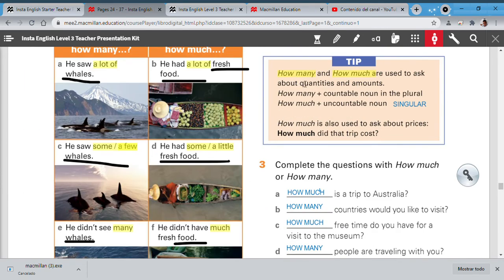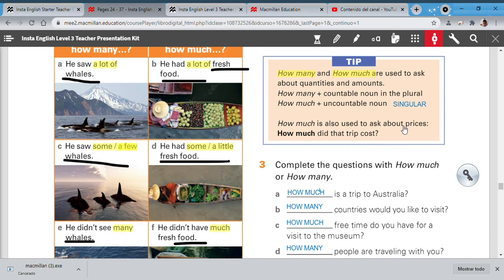How many and how much are used to ask about quantities and amounts. How many plus a countable noun is in the plural. How much plus an uncountable noun is always in the singular, okay? How much is also used to talk about prices.